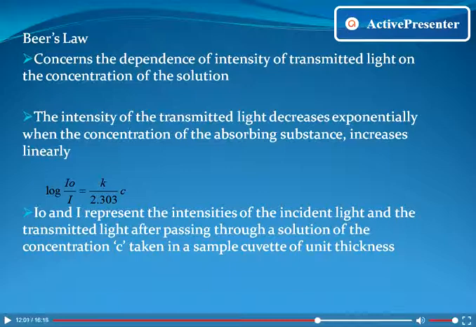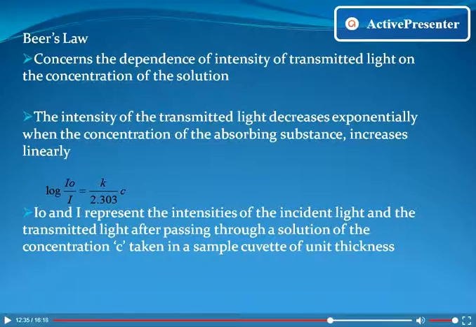The intensity of transmitted light decreases exponentially as the concentration of the absorbing substance increases. So whenever we increase the concentration, we're decreasing the intensity of transmitted light. This is represented as log I naught divided by I equals K, a constant, divided by 2.303.